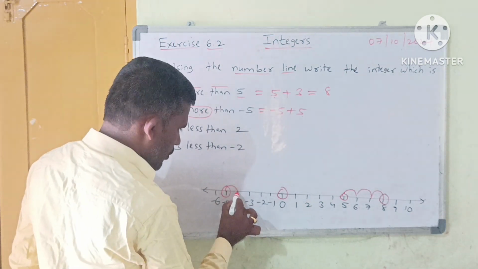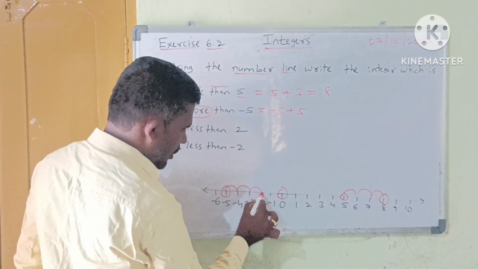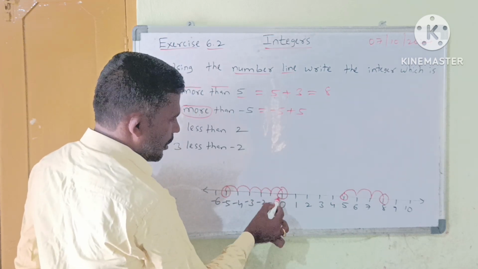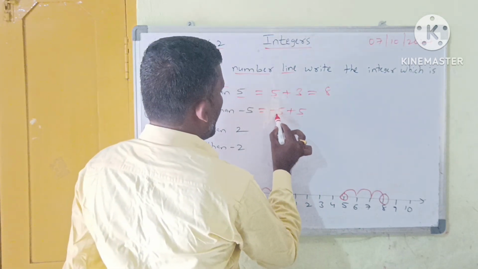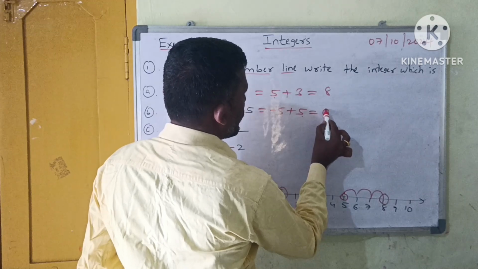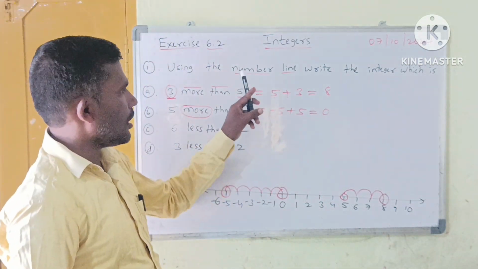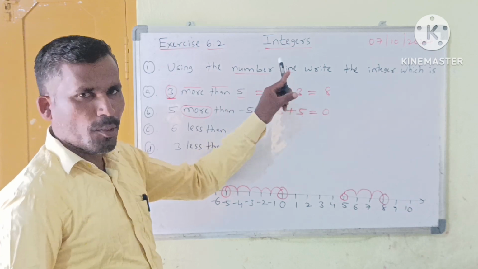So 1, 2, 3, 4, 5. So where do I stop here? At 0. So therefore minus 5 plus 5 is equal to 0 only. So don't take the answer directly, because he asked to use the number line only.